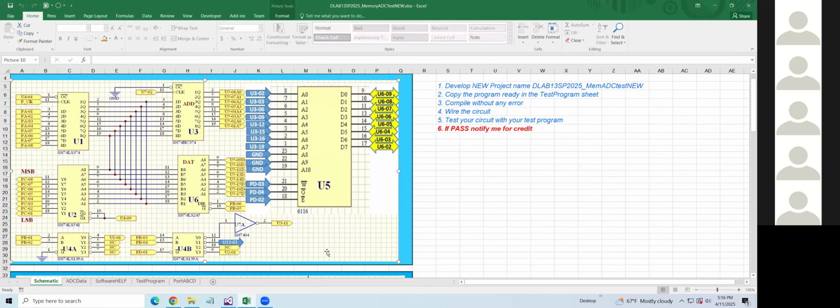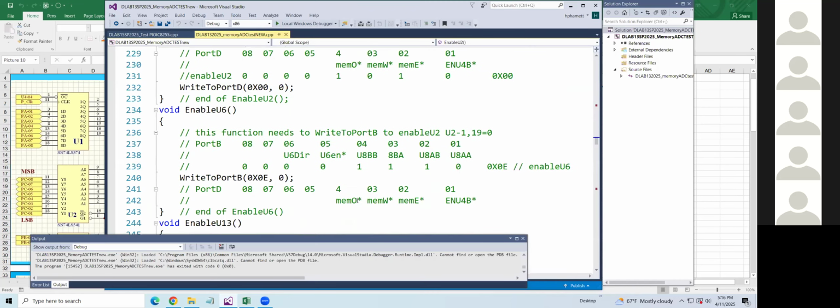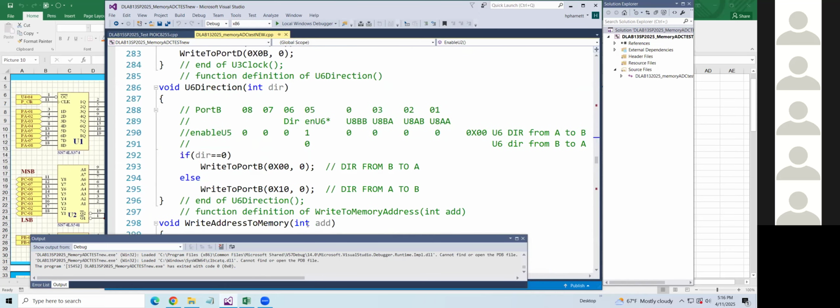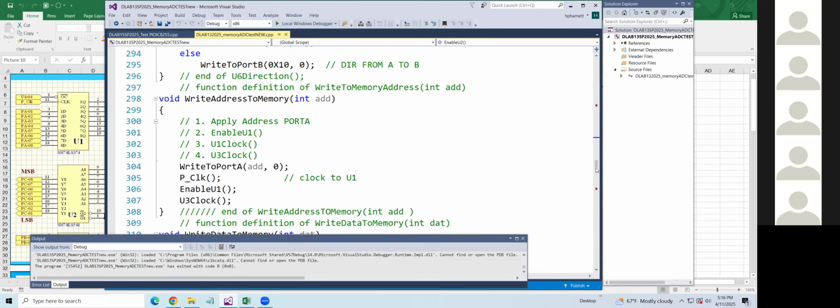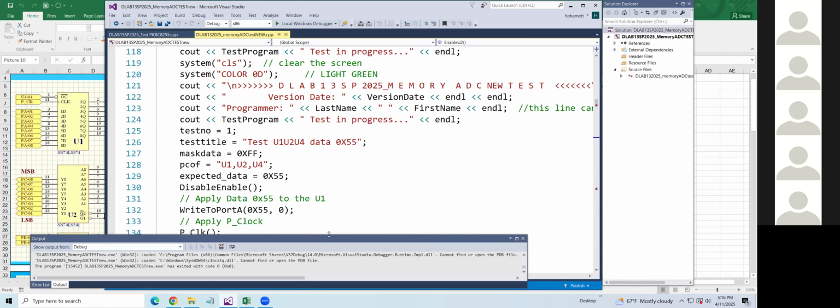Okay, so you have to understand when they're telling you, in the program here, the first test: test U1, U2, U4, data 0855.